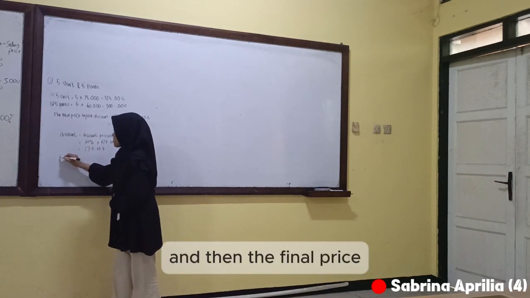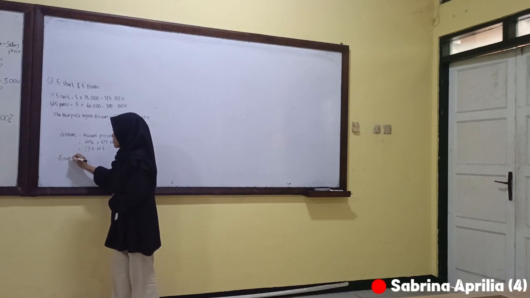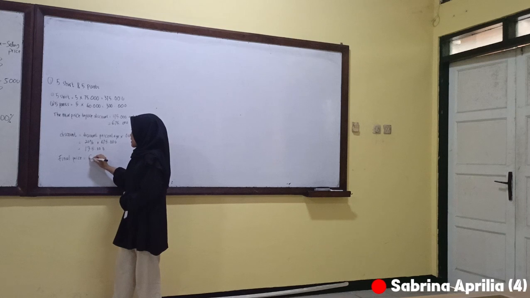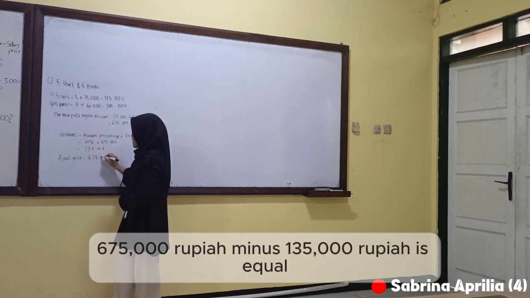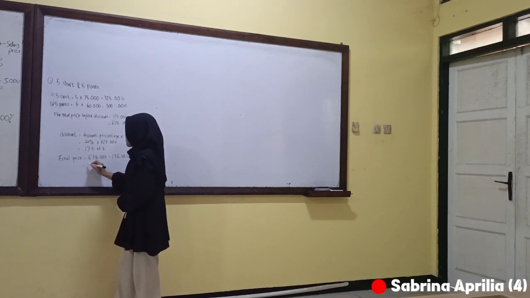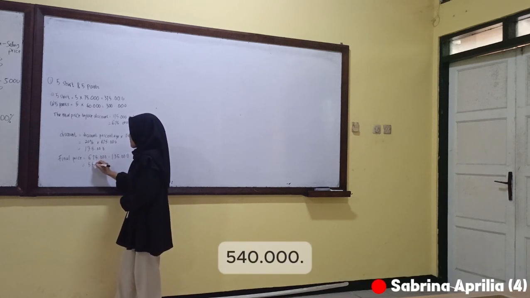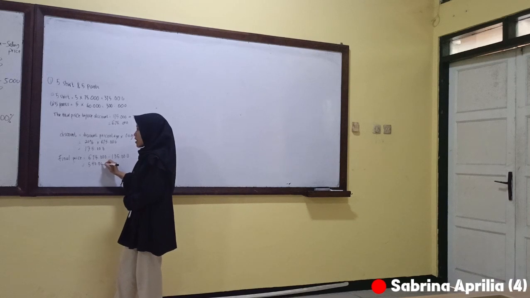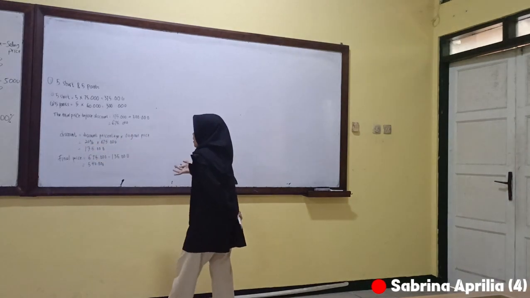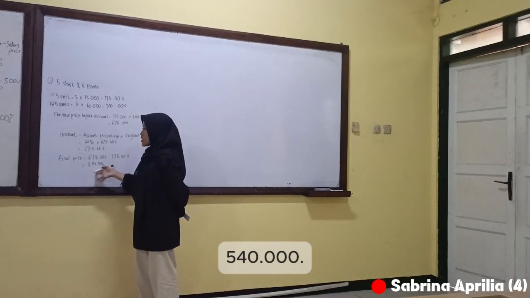And then the final price is equal to 675,000 rupiah minus 135,000 rupiah, which is equal to 5,040,000 rupiah. So, Miss Yani should pay 540,000 rupiah.